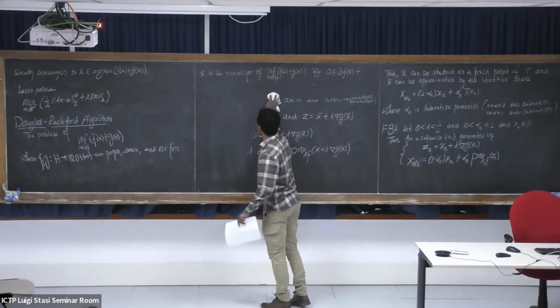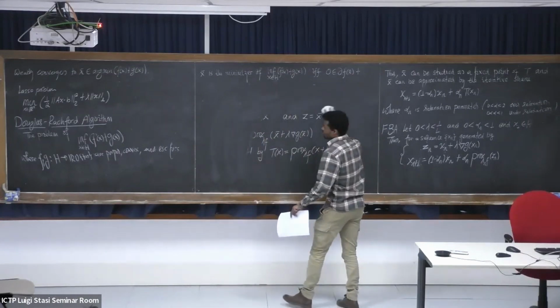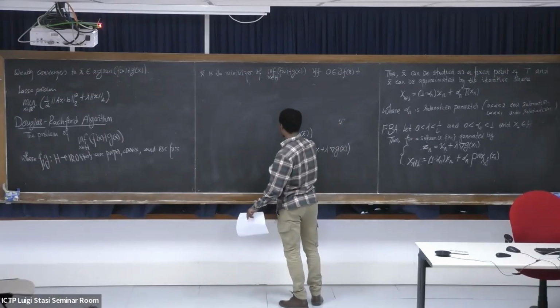Here, in this case, the two functions are non-smooth here.